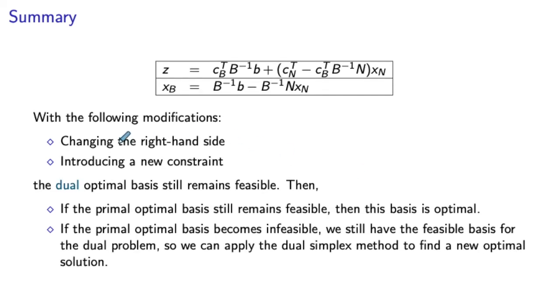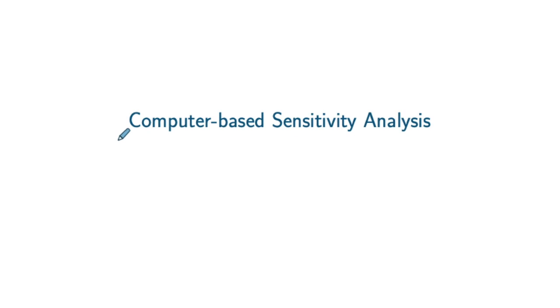And in these cases, when we change the right-hand side or introduce a new constraint, we actually impact the feasibility, but the optimality criterion still remains satisfied. Therefore, if the change is outside of the allowable range and some of the right-hand sides become negative, then what we do is switch to the dual simplex and find the optimal solution of the primal from the dual simplex tableau.